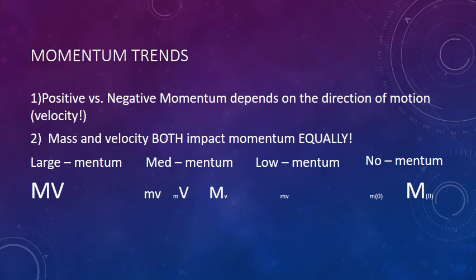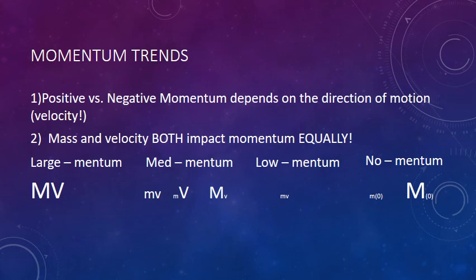Medium momentums can be reached a lot of different ways. I could have a medium amount of each, or a lot of velocity but a very small amount of mass, or a lot of mass and a small velocity. And objects that have a very small amount of momentum usually have a small amount of mass and velocity. Of course, lots of objects have no momentum.